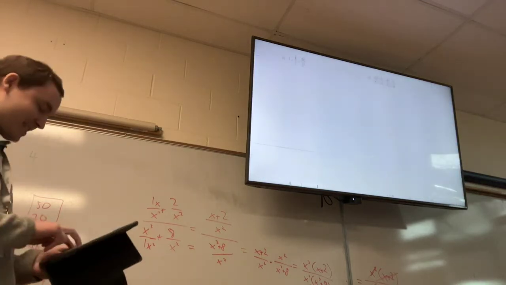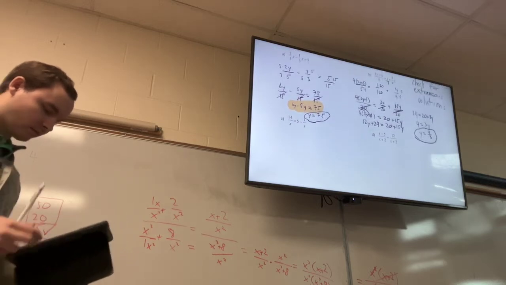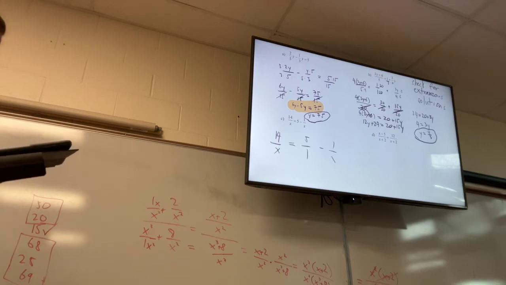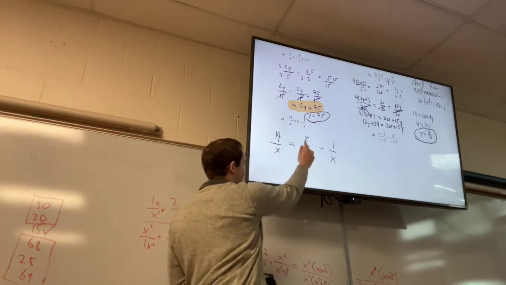Okay, so let's go back up to C. Okay, so C, I got 14 over x equals 5 over 1 minus 1 over x. I need to get them to all be the same denominator. What's my one denominator in the middle missing?